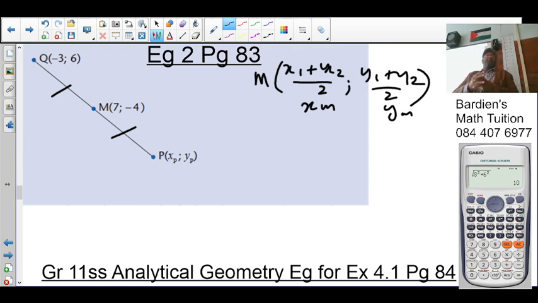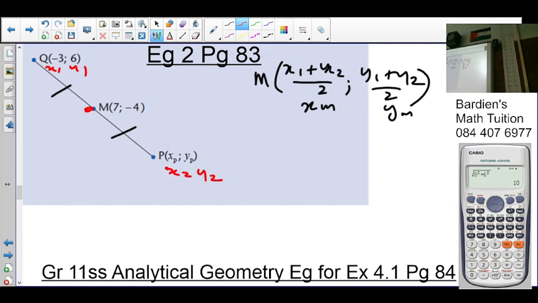Together it makes the midpoint coordinates. Now because the midpoint is given, I must work in reverse of course. If I make this x1, y1, then this will be x2, y2, and this will be x mid, y mid.